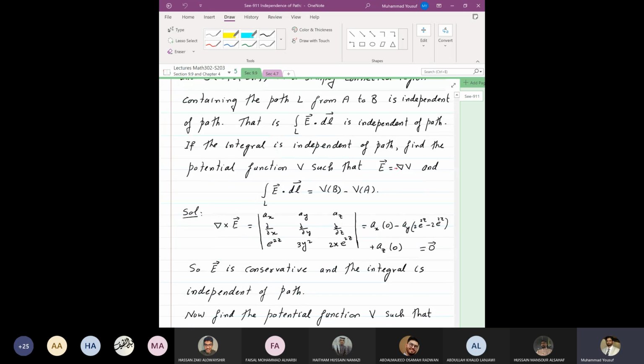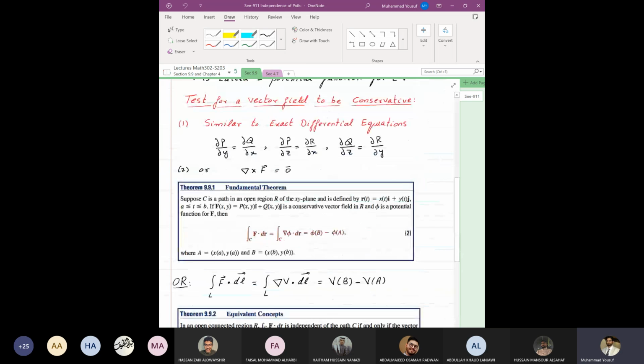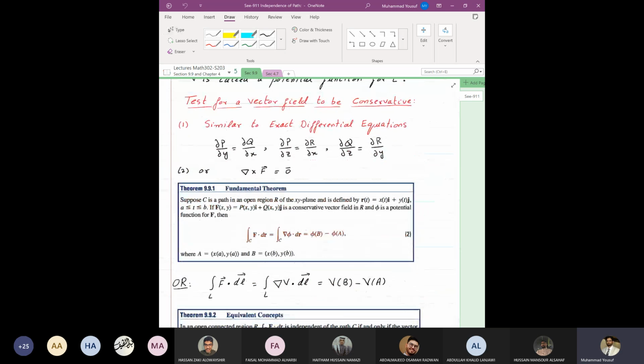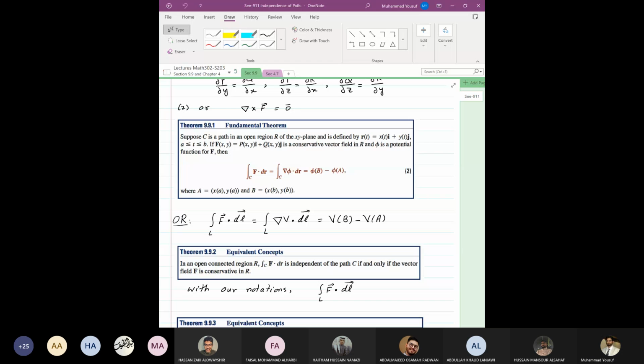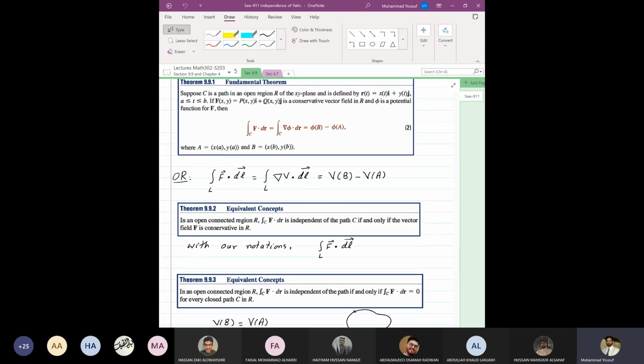In 9.9, we have this fundamental theorem. Actually here, in our course we are using the notation E, so we have this negative sign.